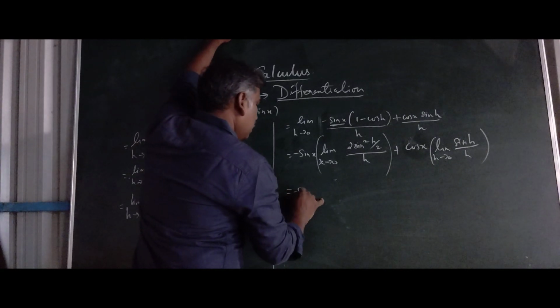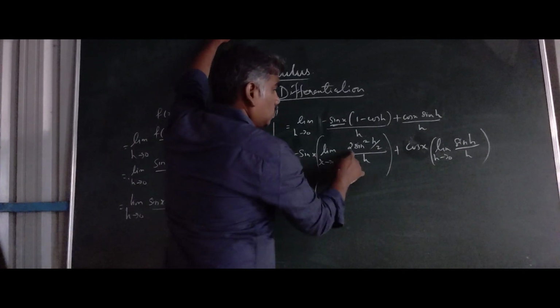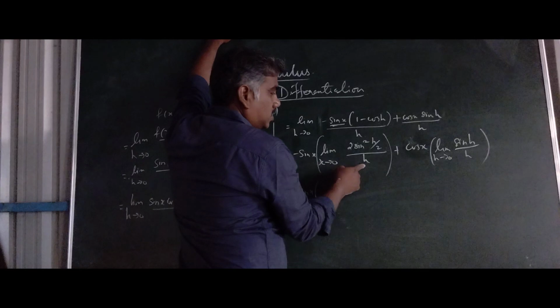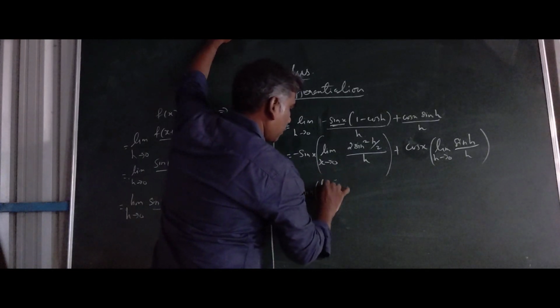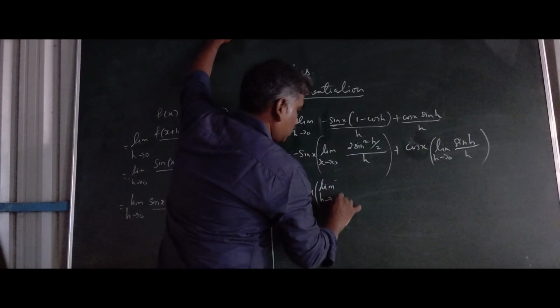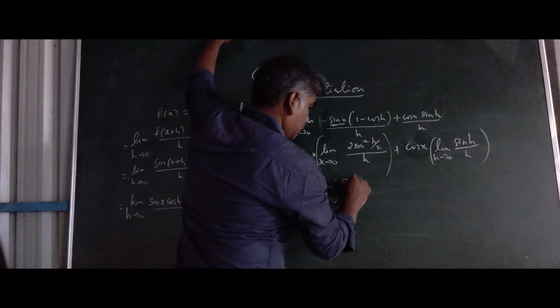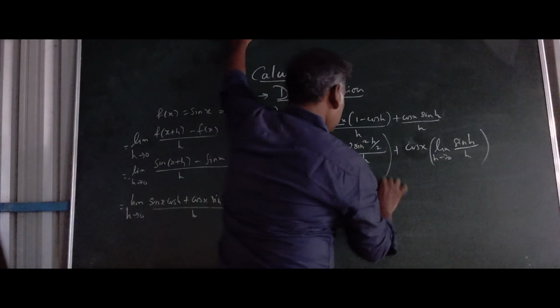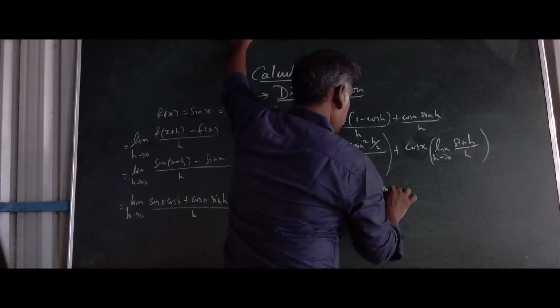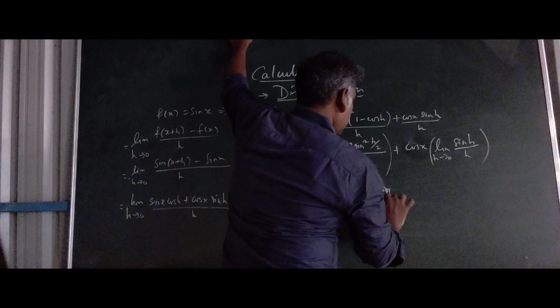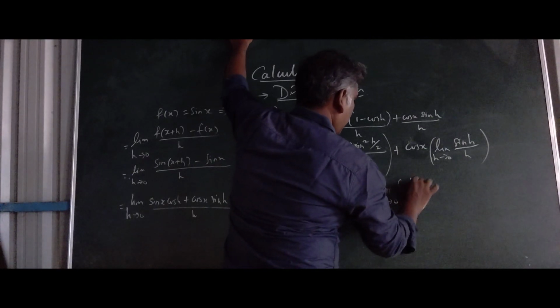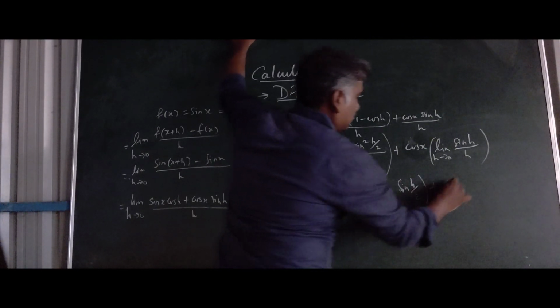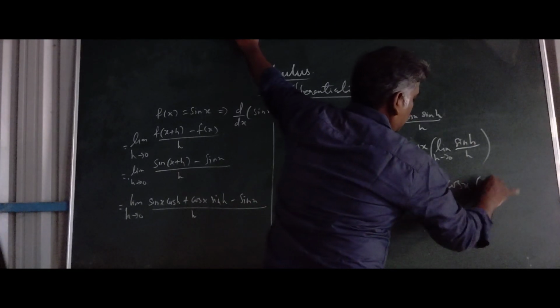Here minus sin x, 2 sin square h by 2, you just bring this 2 into the denominator, then you will have limit h tends to 0 of sin h by 2 over h by 2, times limit h tends to 0 of sin h by 2, plus cos x into 1.